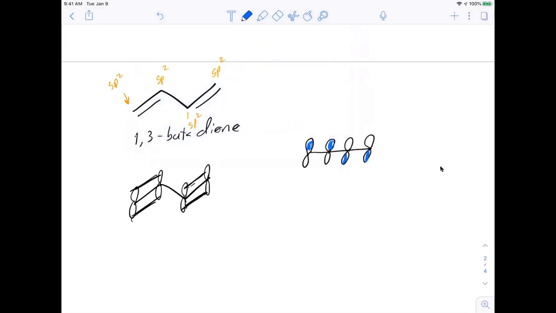We can think about those electrons as being in phase or out of phase. What's demonstrated over here is that these two are in phase and those two are in phase, and I have a node between the two. Remember, a node is a place where we have no electron transmission. So what this is suggesting is that these two on this side are not communicating with these two on that side.